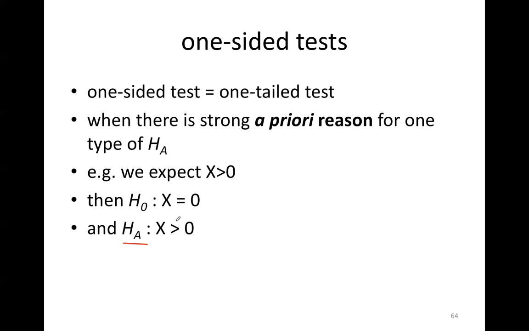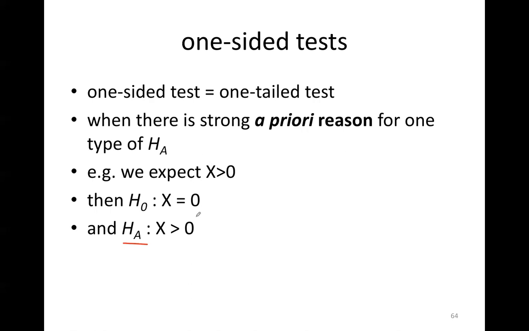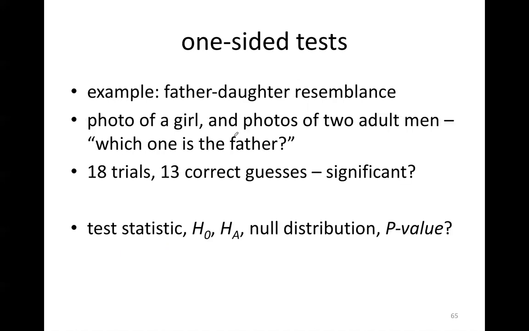Then we can use a one-sided test. The result is that when we calculate the p-value, we calculate it not from both tails, but only from one tail, the tail in the direction where we expect deviations to happen.